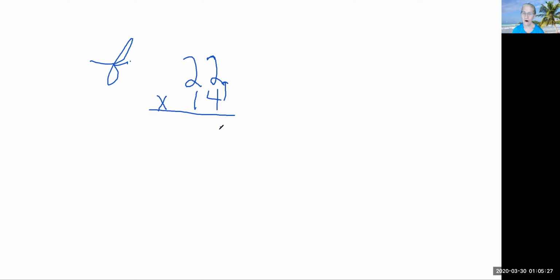Okay? All right. I'm going to start solving the problem, and you can see if you got it right. 2 times 4 is 8. Start in the ones column. 4 times 2 is 8. Okay, so we did the ones column. We went from ones to ones column and from ones to tens column.